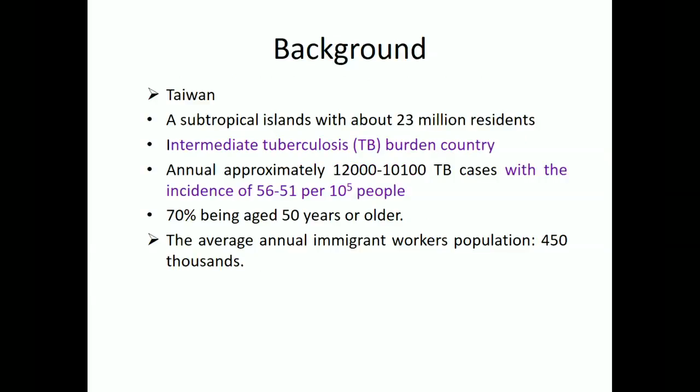Taiwan is an intermediate tuberculosis burden country with approximately 50 per 100,000 people, and most of the TB cases were aged over 15, and the average annual immigrant worker population is about 400,000.